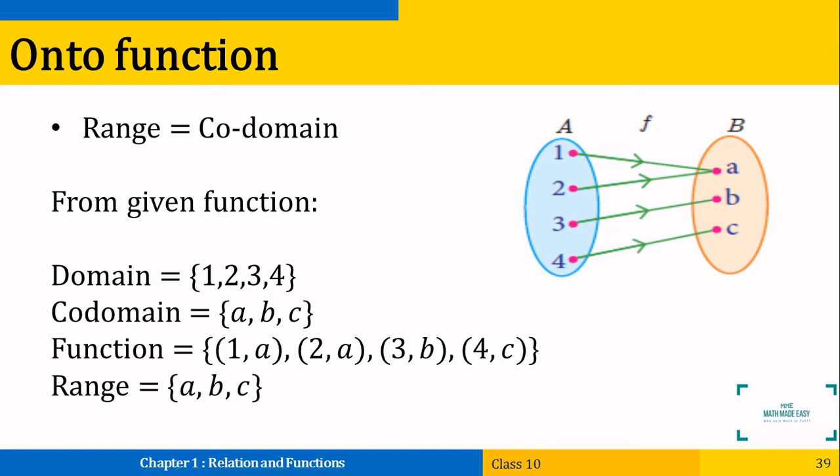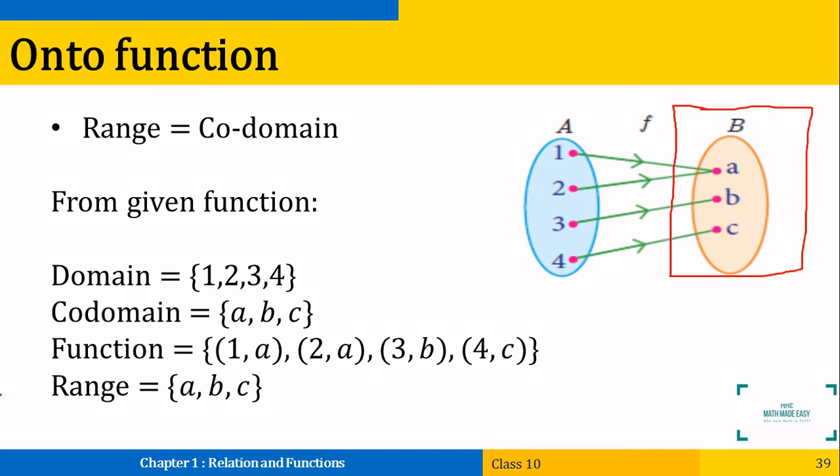Here we don't have distinct elements in the domain having distinct images in the codomain, but we see that all the elements in the codomain are being mapped by some pre-image in the domain. Here our whole focus is on the codomain alone, right?